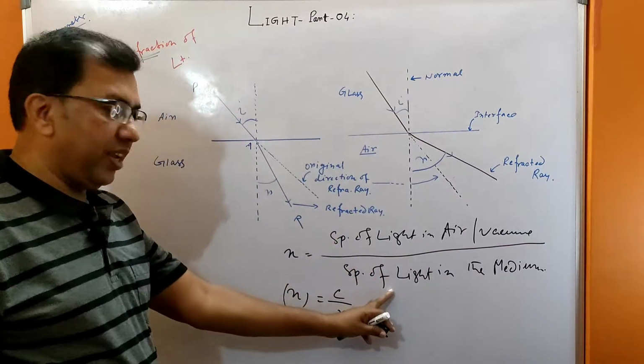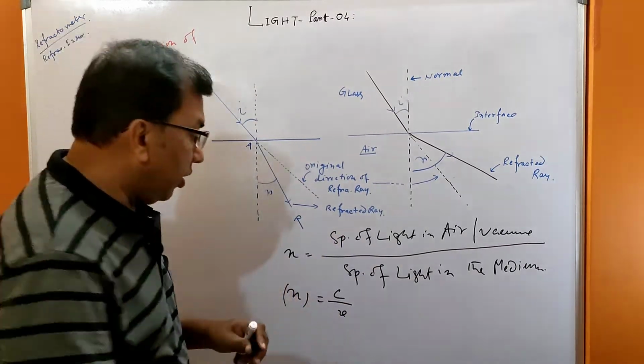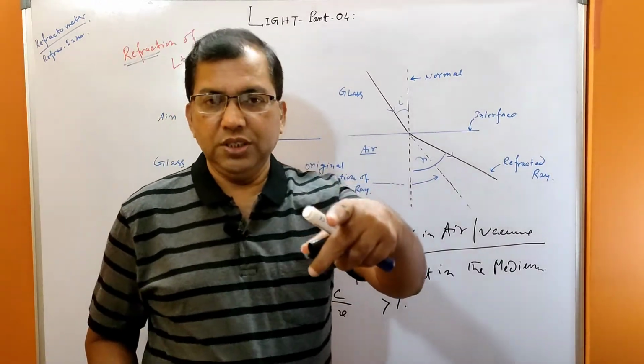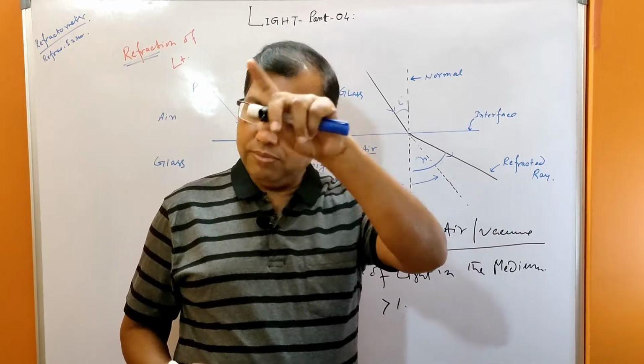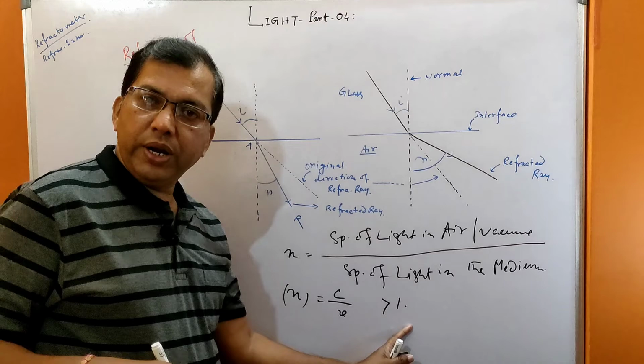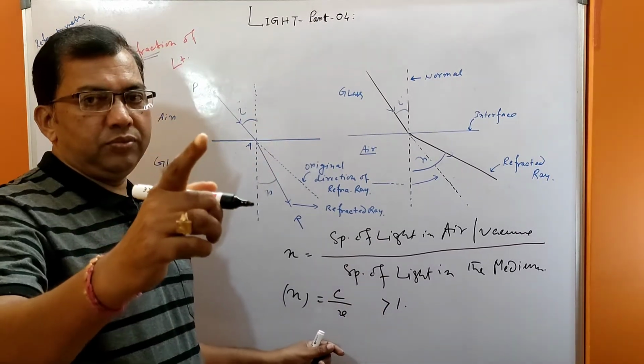The absolute refractive index is always greater than 1, because the speed of light is 3 into 10 to the power 8 meters per second in vacuum.